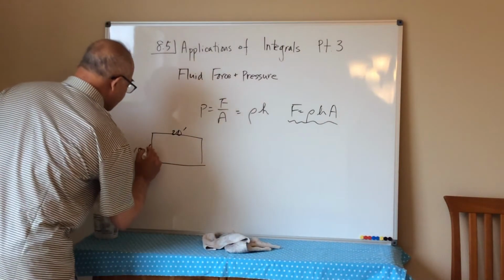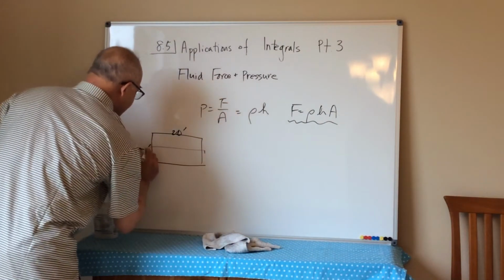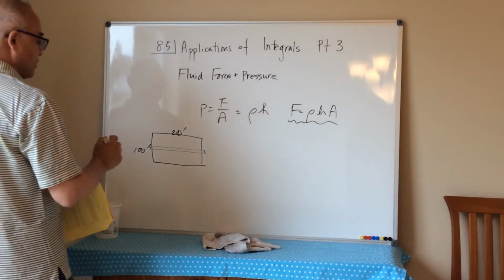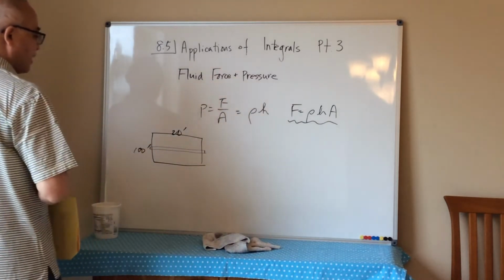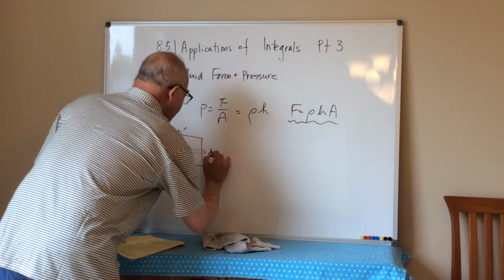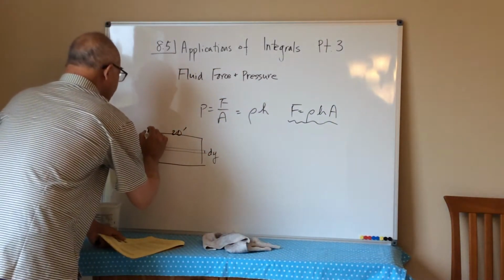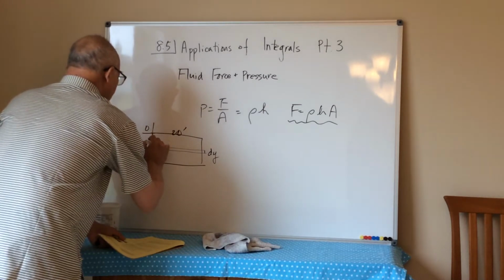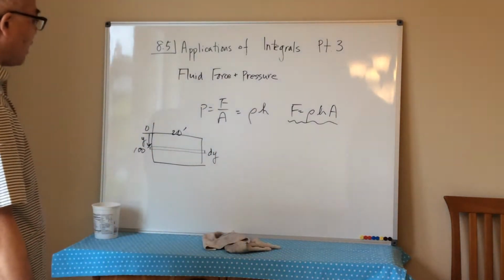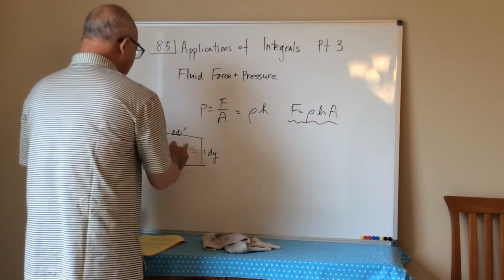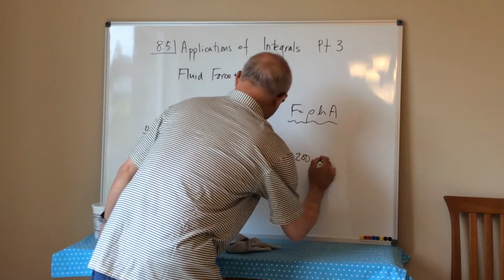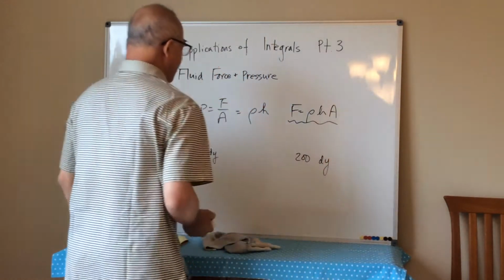So, if I want to find this guy, this is a strip, so I need to find the A. What is the A? A is the area. So if we call this dy, and I call this 0, and I call coming down this way, this height would be y. If I call that y, the area here is what? 200, the length times the width, right? So it's 200 times dy. That would be the A.